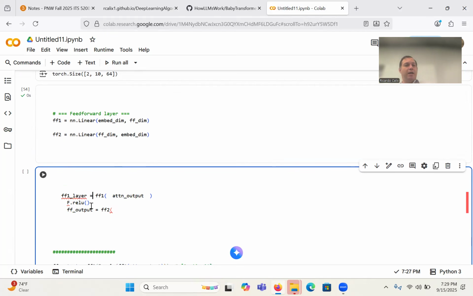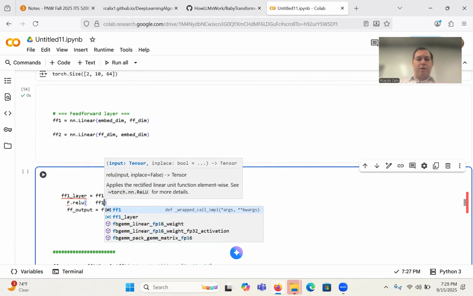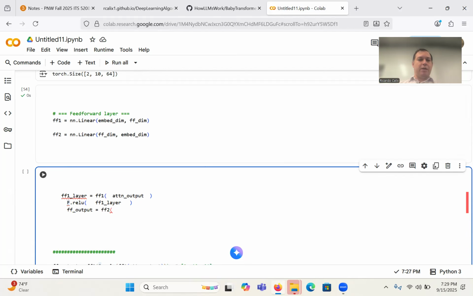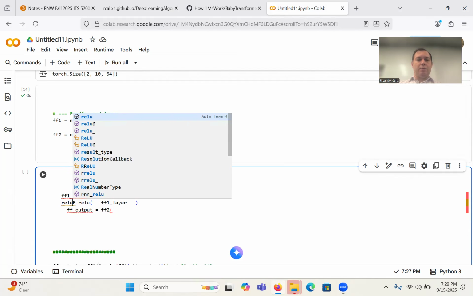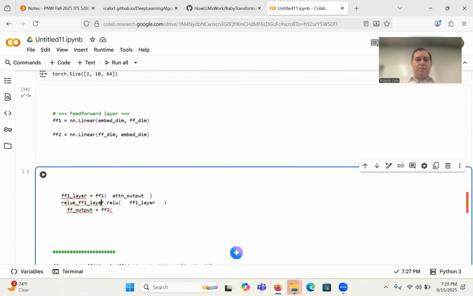And then the FF1 layer goes through ReLU, and that just produces something else, let's call it ReLU FF1 layer.